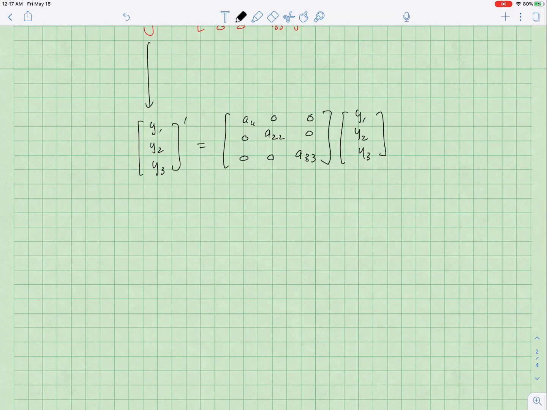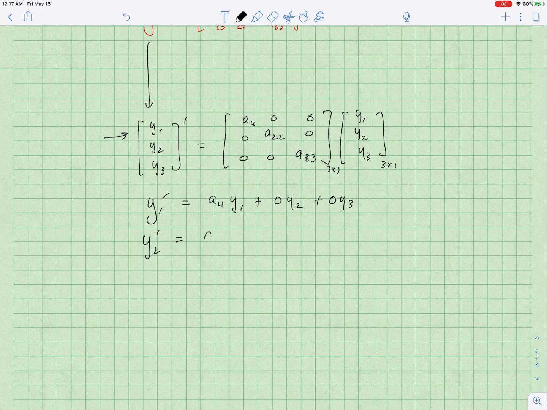And if we multiply that out and we set each entry in this matrix equal to the result over here, remember this is 3 by 3 times a 3 by 1, which results in a 3 by 1, we're going to get y1 prime is equal to a11 y1 plus 0 y2s plus 0 y3s.